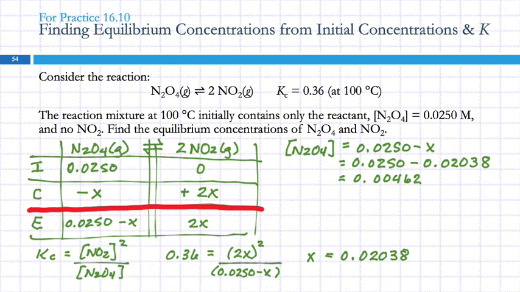And where should we probably round that number? Remember, rules for subtracting, whichever has the fewest decimal places, that's how many decimal places the answer has. So the answer should have 4 decimal places, 0.0046 molar.